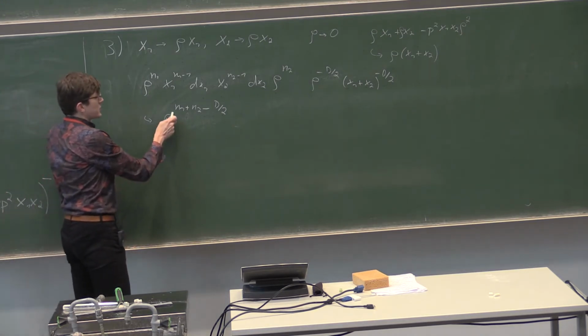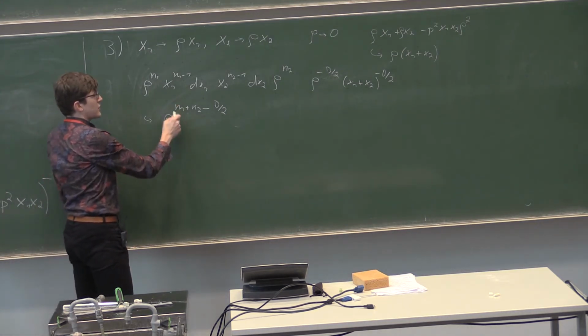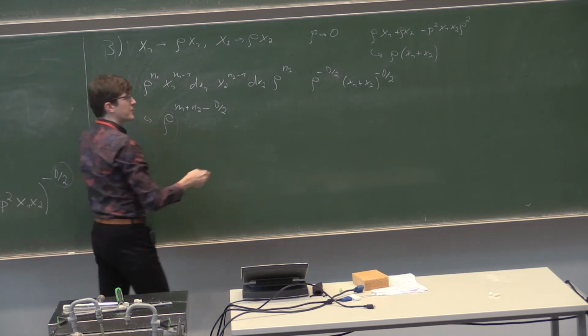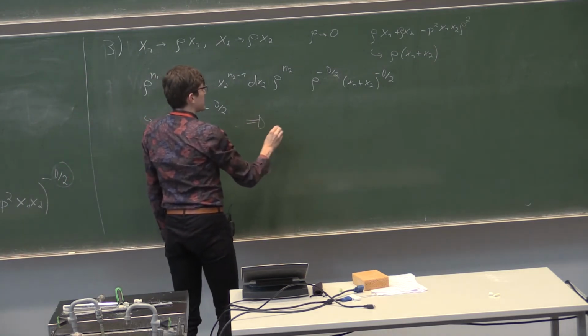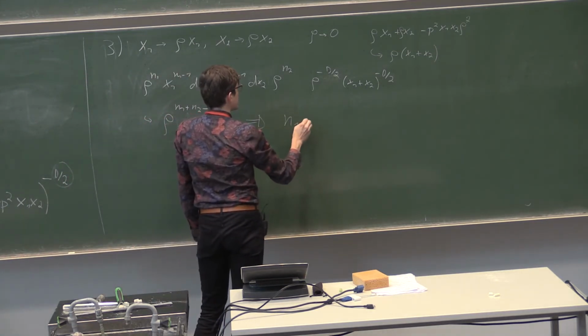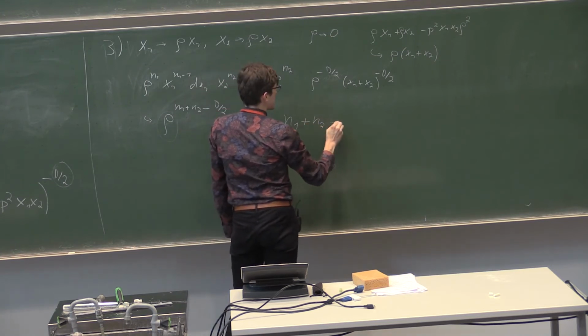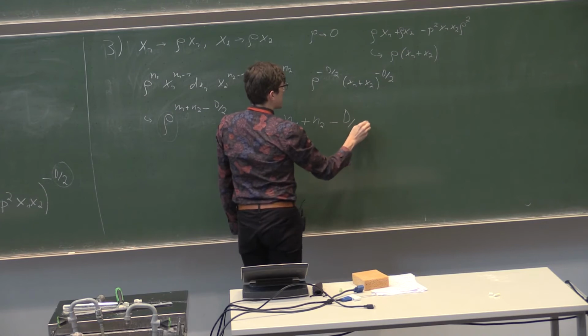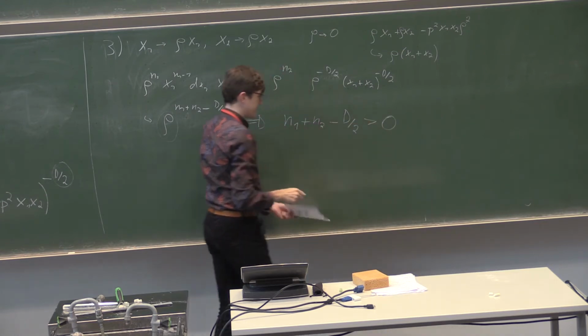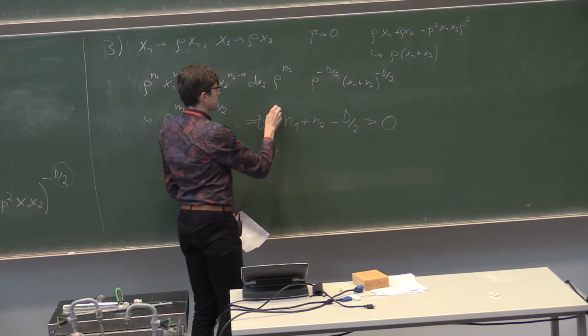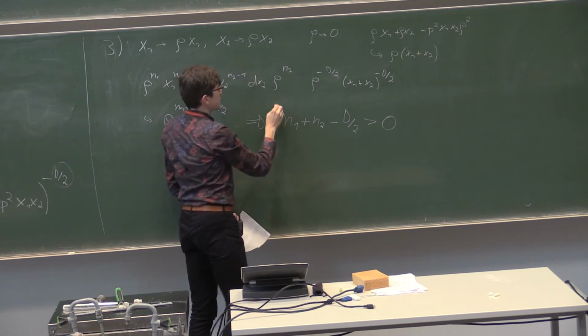So if we want to send rho to 0 and this thing should vanish, we have to have the exponent be positive. Right, so we get a necessary condition that we need to have fulfilled for convergence, which is that this thing better be positive. Right, so this is just power counting in this particular sector.